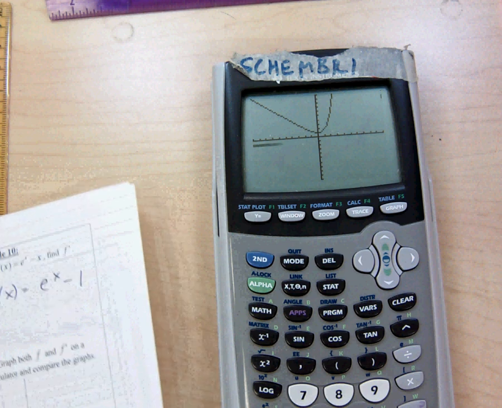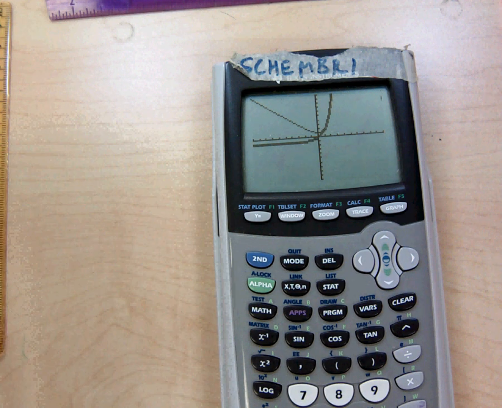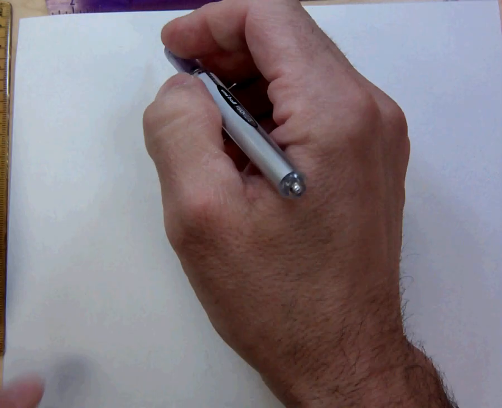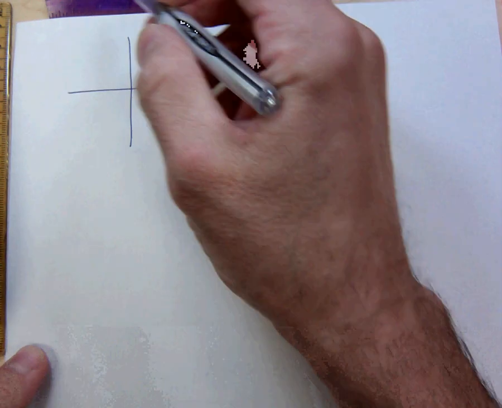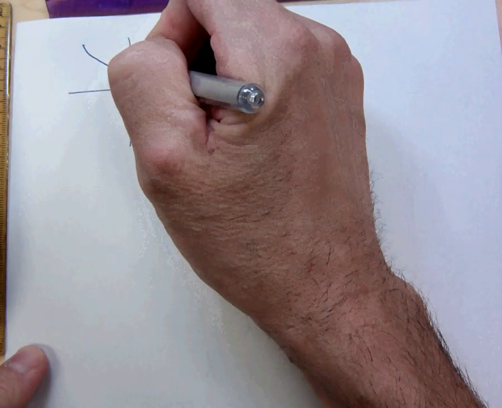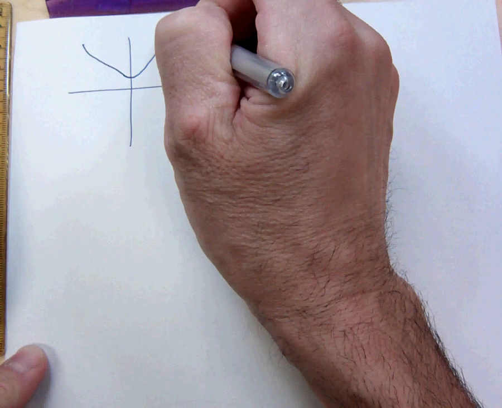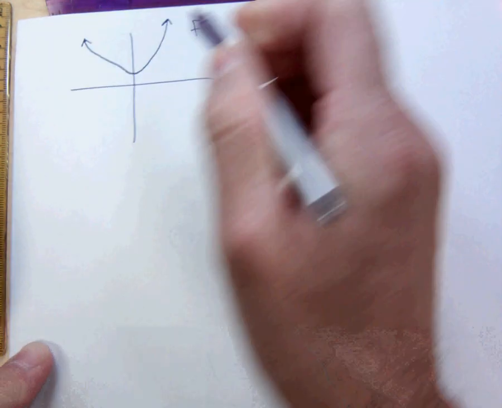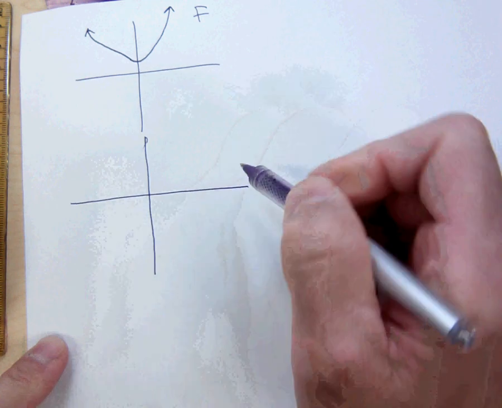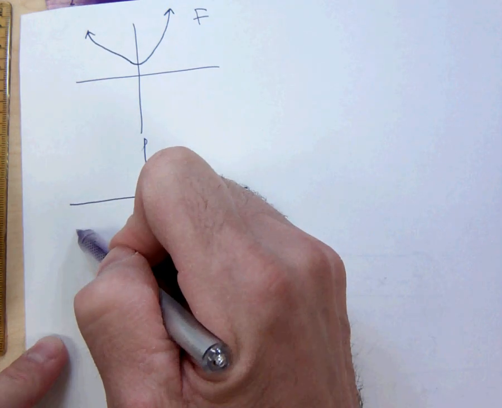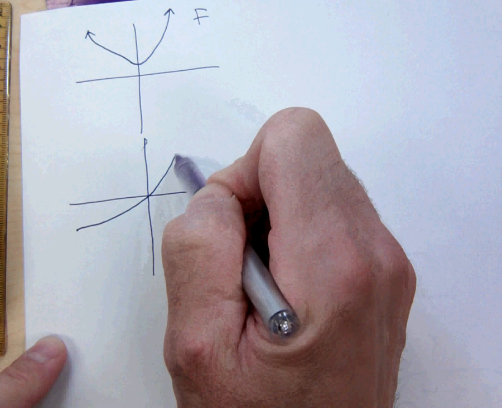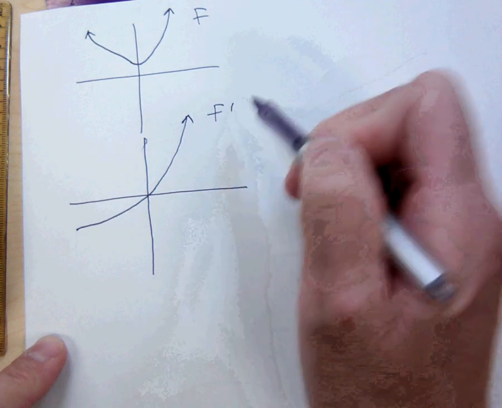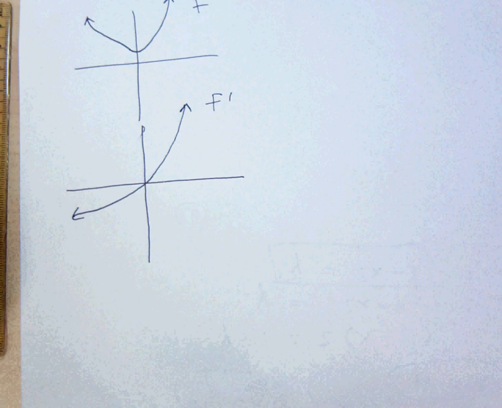Okay, so ready, guys? Okay, so I'm going to start by hitting Zoom Z standard, and I can change the window later if I need to. All right, so that's obviously F, and that's F prime, right? So watch this. So F kind of looked like this, and then F prime looked like this, right? Everybody agree? Okay, and so what do you notice, guys?